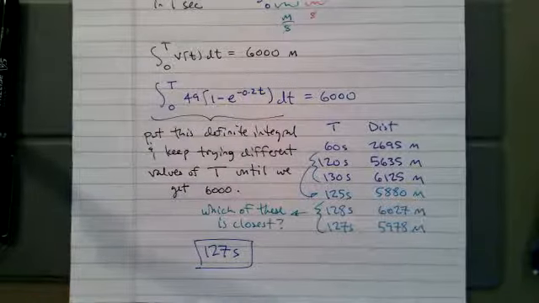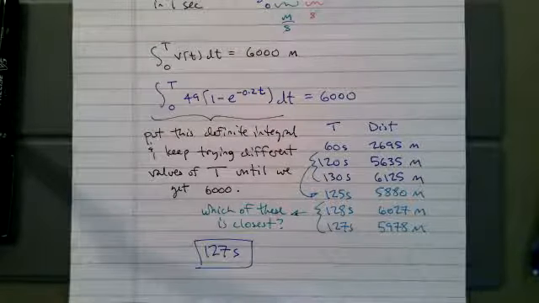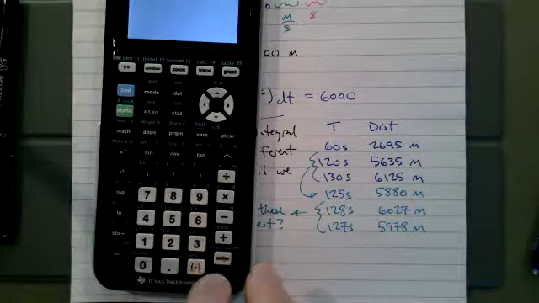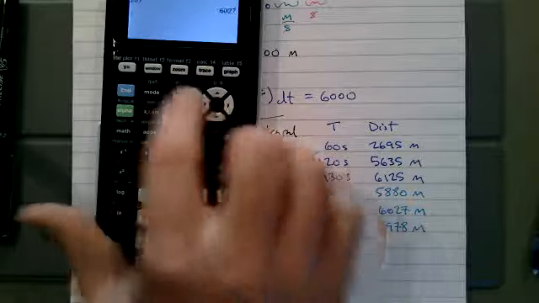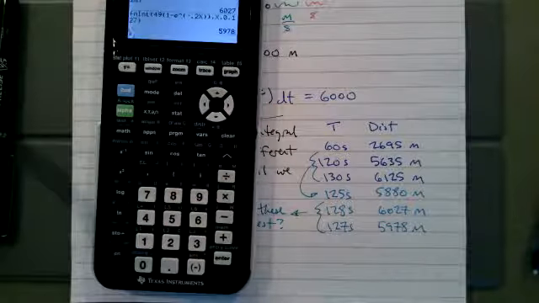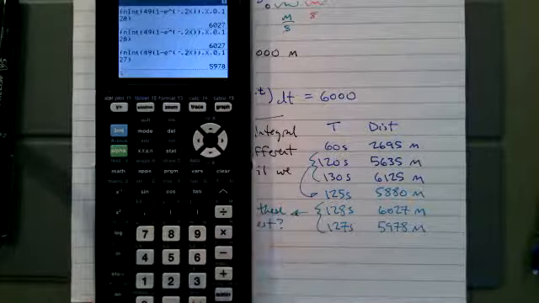So at this point, once we set up the integral that we want, we can just guess and check, which is our favorite math trick. 128 was too high, 127 was too low.